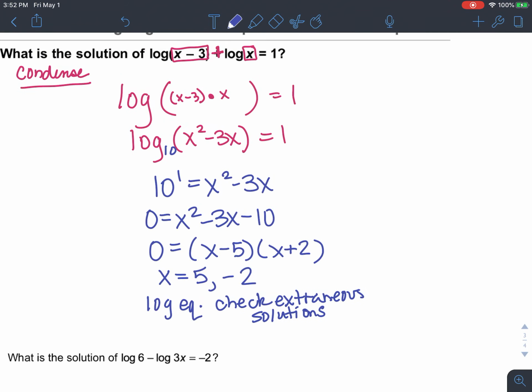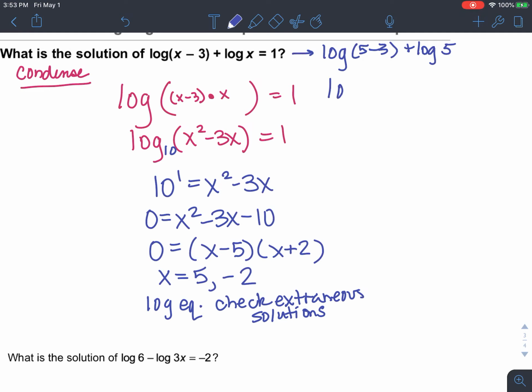So let's come back up to the very top, and that's always where you want to check an extraneous solution. It's the safest bet. So let's look here. If I were to put 5 up in the original problem, I'll get log of 5 minus 3 plus log of 5. All right, I mean, I don't know if that actually equals 1, but it looks legitimate.